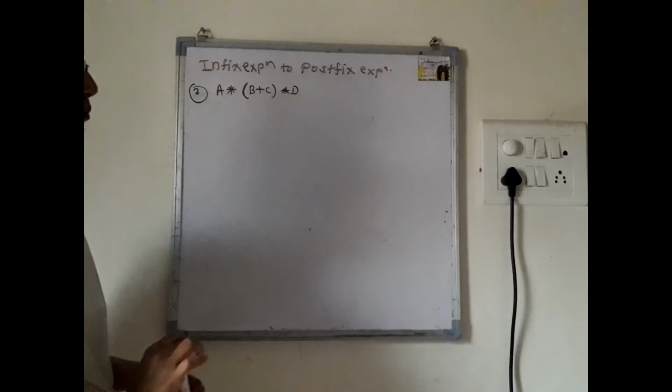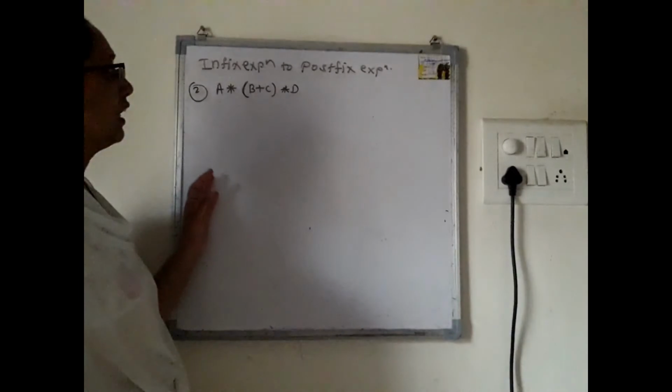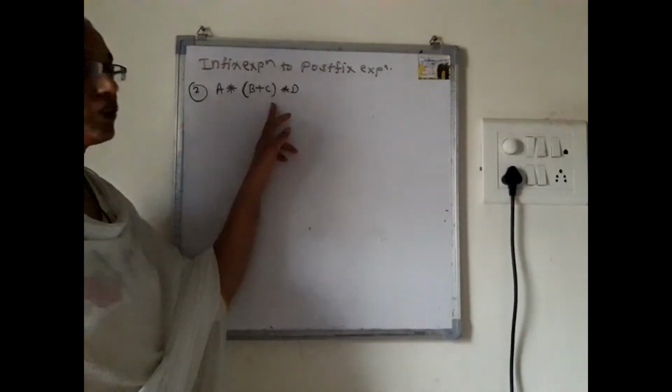In this example, we have introduced the opening and closing bracket. So when the expression contains opening and closing brackets, how do we do the conversion? The conversion steps are the same as we have seen in the previous example, but here we have introduced opening and closing brackets.